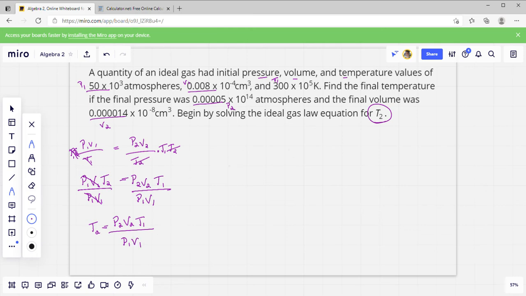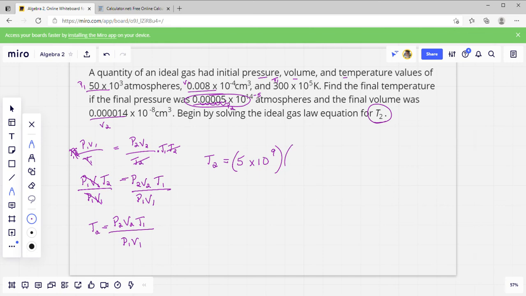Alright, now I just have to start filling in my values. P2, that is here. Okay, so that would be 5 times 10, and I'm moving that 1, 2, 3, 4, 5 places. That would be to the 9th.